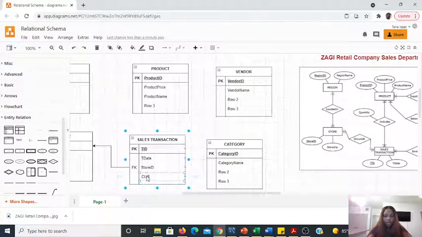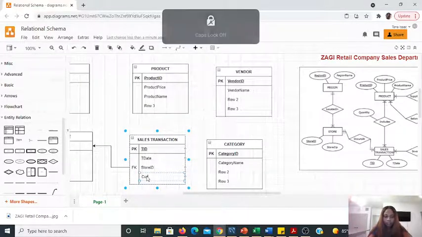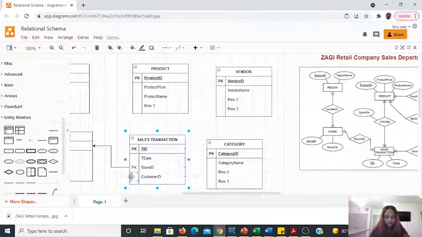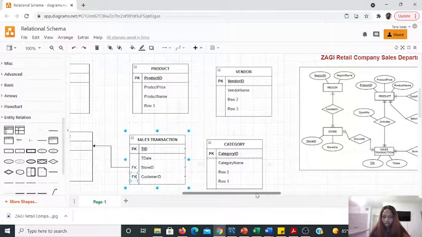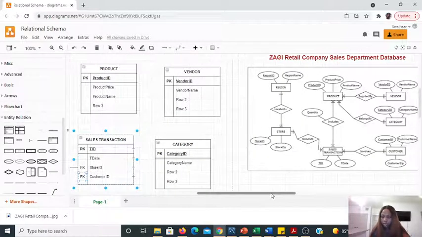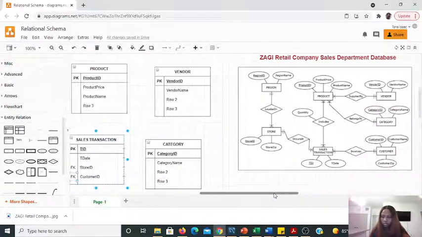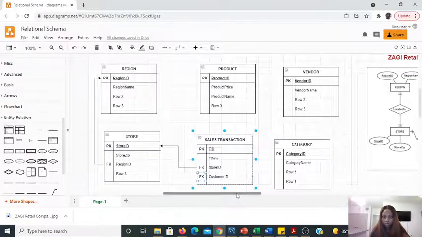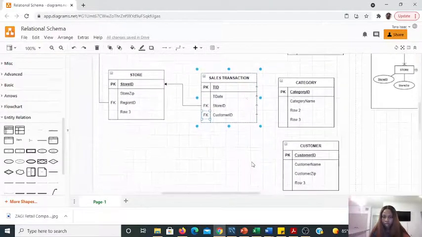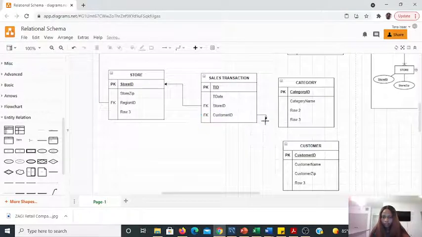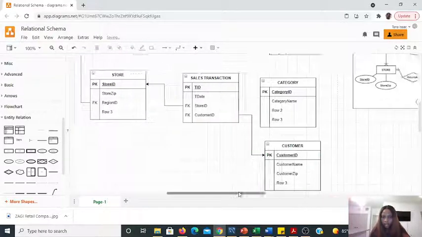So we have customer ID, which will be the foreign key to the customer table's primary key.